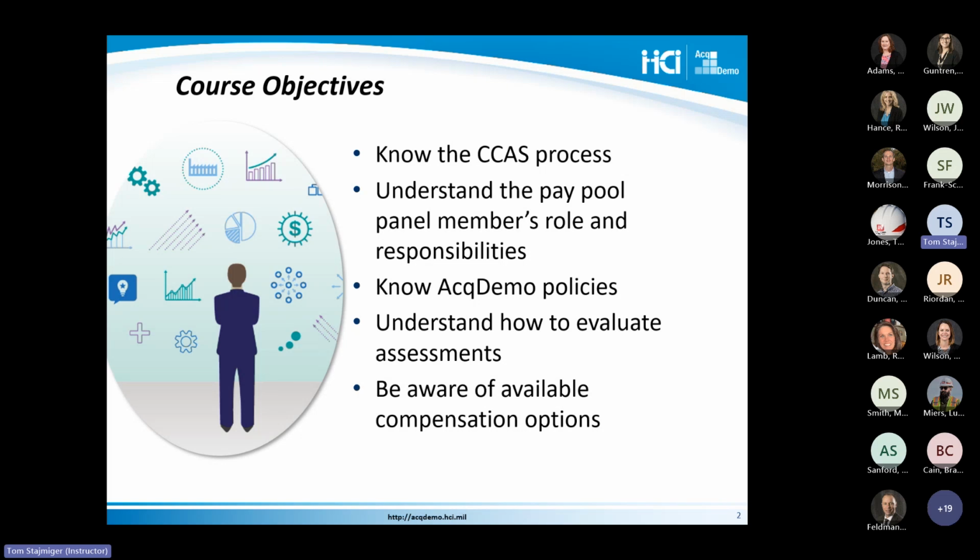That has the scoring criteria for the pay pool scores, the categorical scores, and the numerical scores. We'll reference all of these things within our training today, but in your actual mock pay pool and your real pay pool, you're going to want hard copies of those things, as well as the whole business rules document.